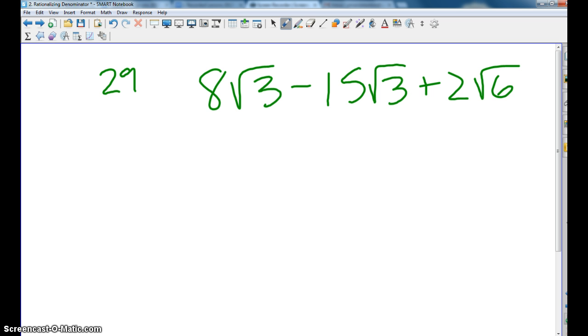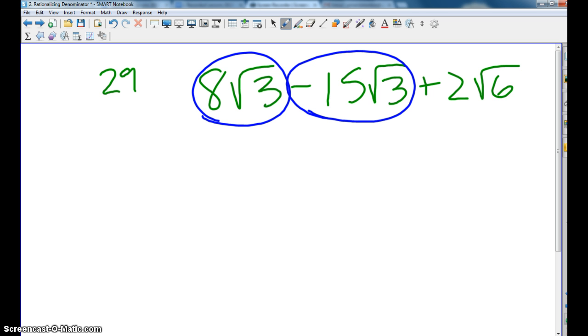No. So actually none of those can be simplified. So we need to find the like terms. This and this. So we're really doing 8 minus 15. Negative 7. It doesn't matter which one you put first. You can put 2 root 6 minus 7 root 3, or you can switch places. Negative 7 root 3 plus 2 root 6. It doesn't matter.